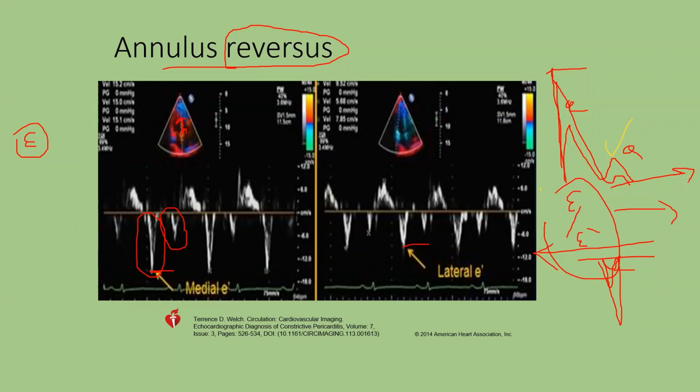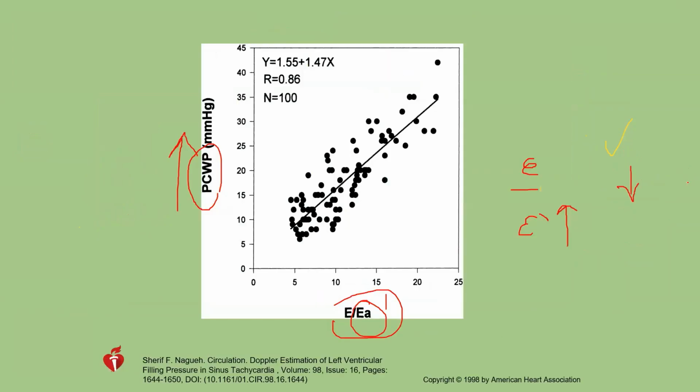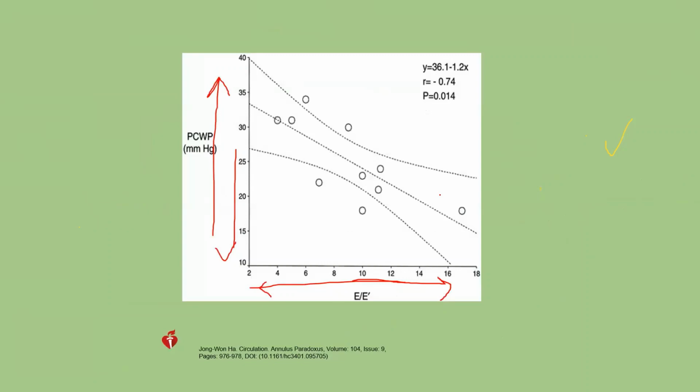And this is called the annulus paradoxus. Okay, so from a linear correlation between the capillary wedge and E over E prime in physiological conditions, it becomes a paradoxical relationship in constriction. Okay, good.